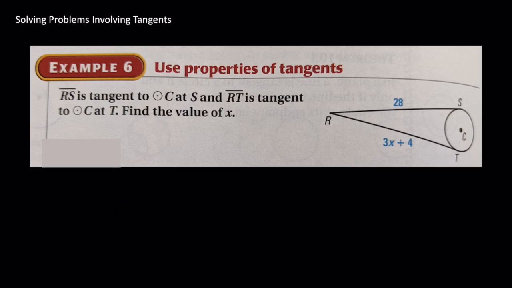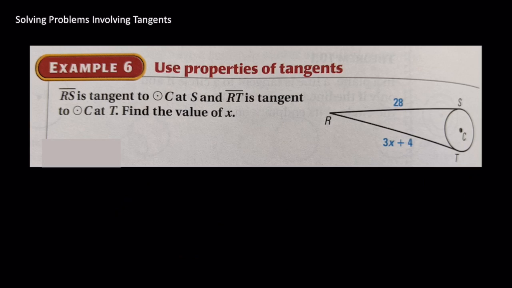One more example, okay? And in this, remember, we know two things about tangents. There's two characteristics. One is that it's perpendicular to a radius of the circle, but in this case, there's no radius that we're looking at. The other one is that we know that two tangents from the same point are congruent.